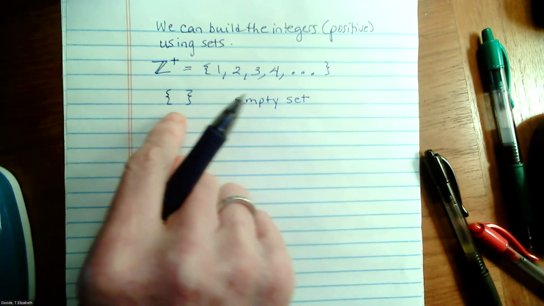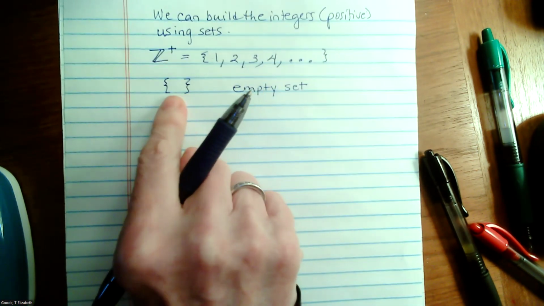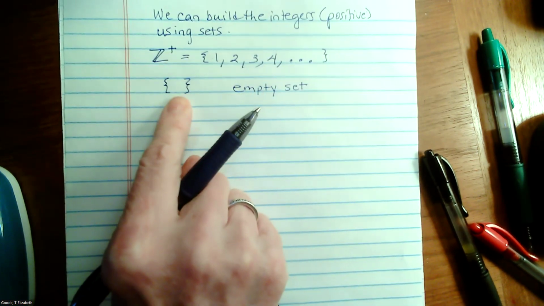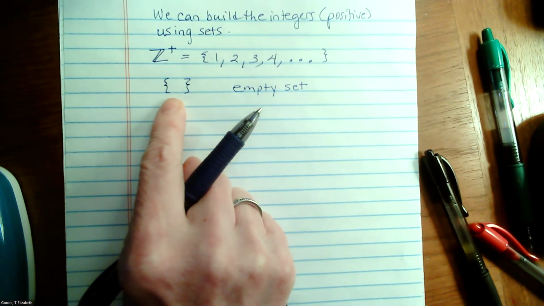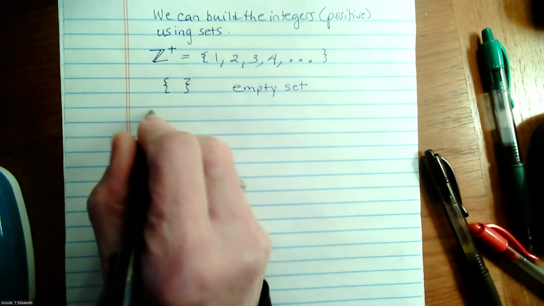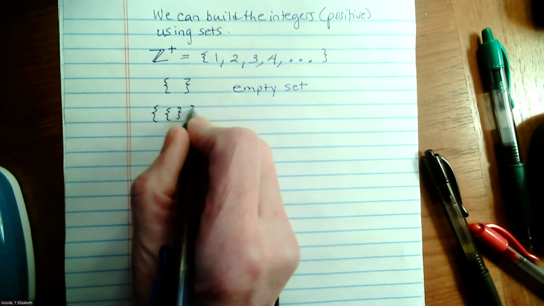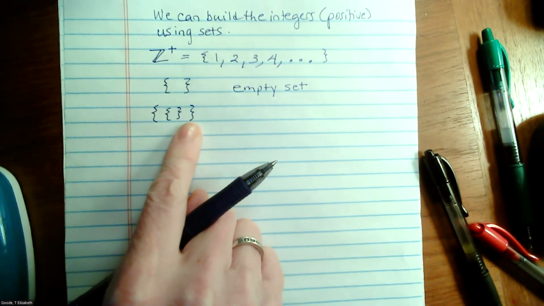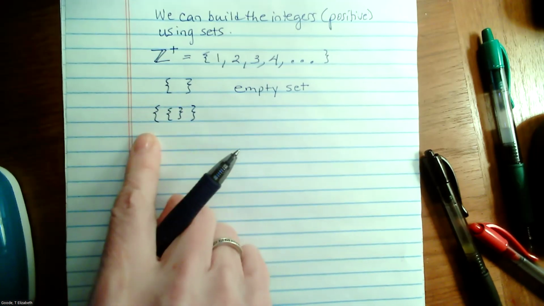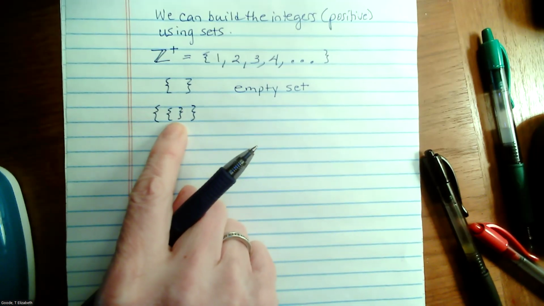So we can think about that as an object. When we put that empty set inside another set, then we have just built a set with one object in it as an element. It's got the empty set as an element.